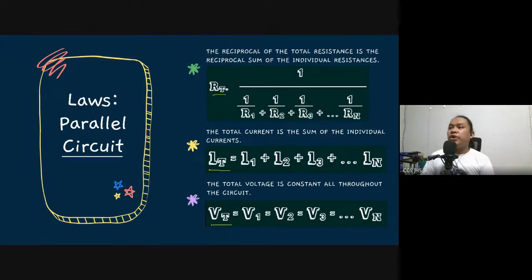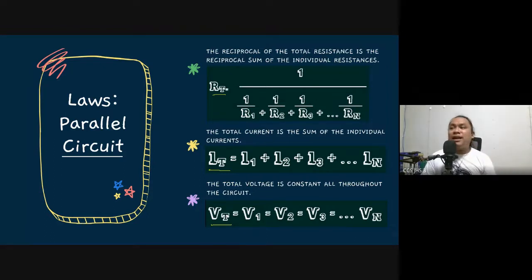So first, let's go to total resistance, I'm so sorry. For series circuit, to look for the value of our total resistance, all we need to do is add the individual resistances, right?